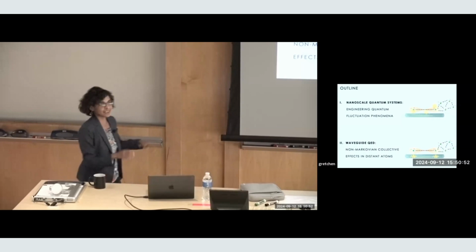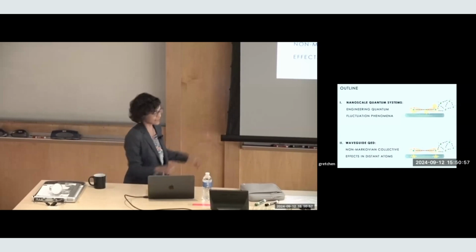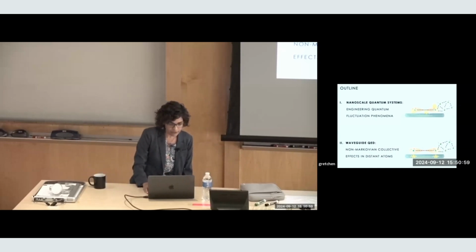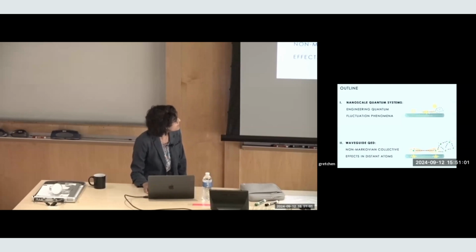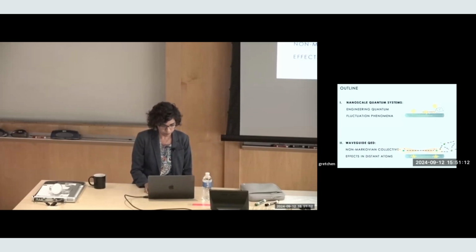Which is, in other words, known as non-Markovian effects. We'll discuss that as we go. So in the first part, we'll be shrinking things down, and in the second part, we'll be stretching things out, and we'll specify what I mean by long distances, etc., as we go.